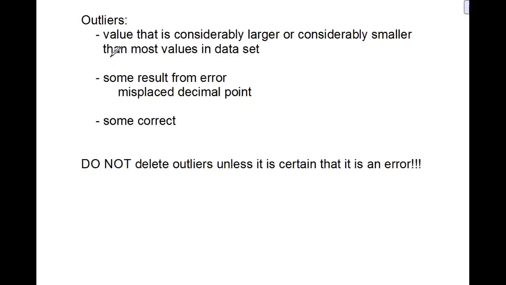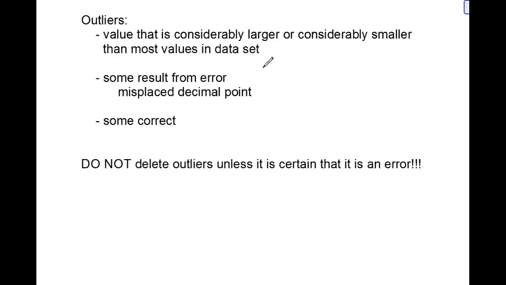We can also look at outliers. Outliers are extremely important. These are the values that are considerably larger or considerably smaller than most values in the data set. Now, some outliers are a result of error, such as we may have misplaced the decimal point, written a number down incorrectly, or maybe transposed the numbers.